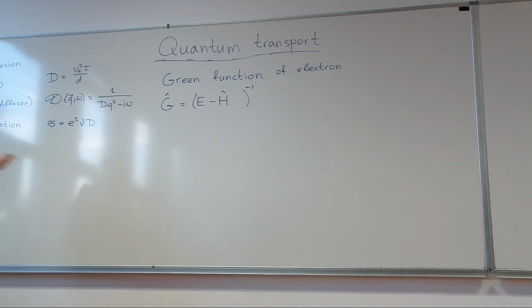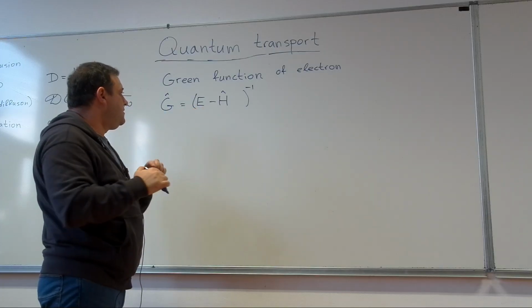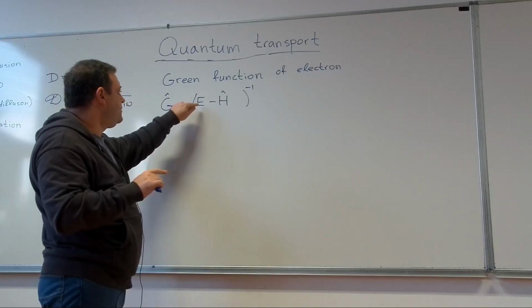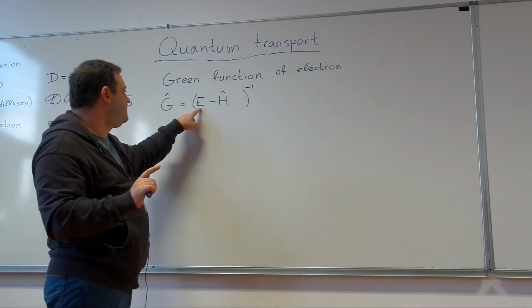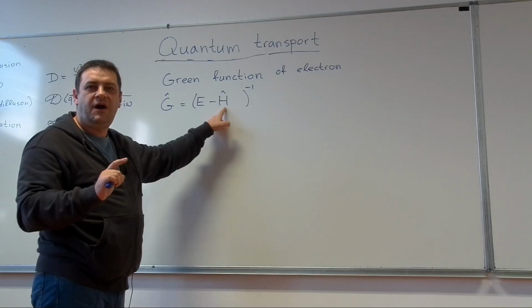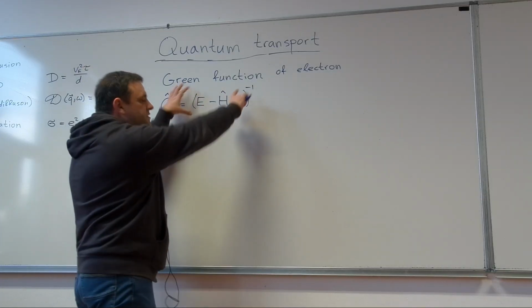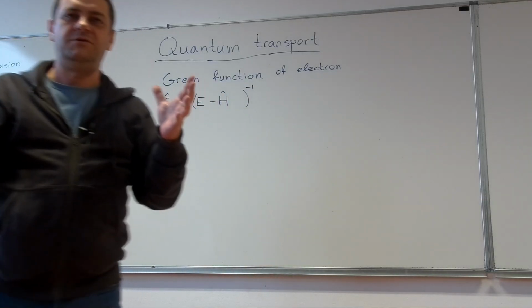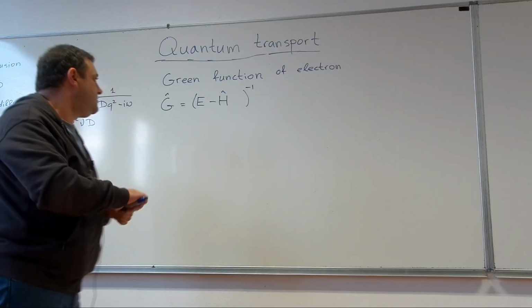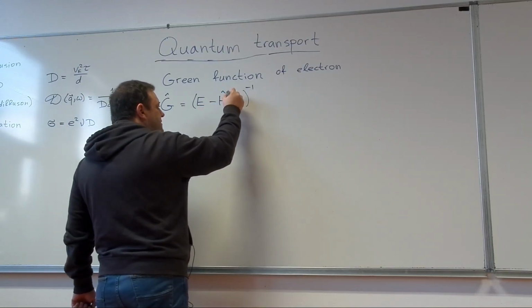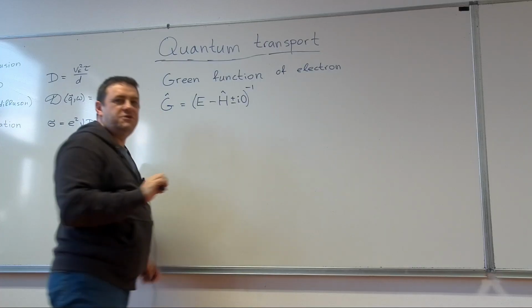It just turns out that this operator G is not really well defined when E is energy, just a parameter, a number. If this energy coincides with some eigenvalue of the Hamiltonian, the thing in brackets, E minus H, may have a zero eigenvalue, and it cannot be inverted. So to avoid this, we add or subtract a very small imaginary number.